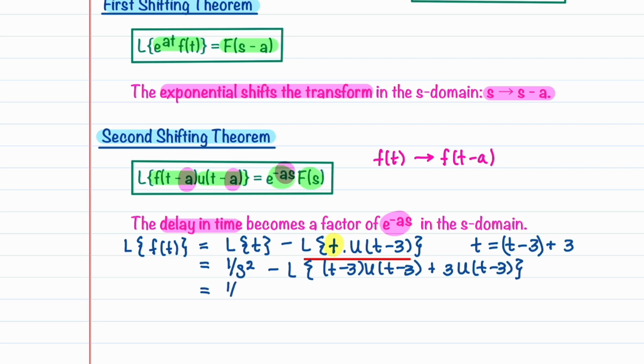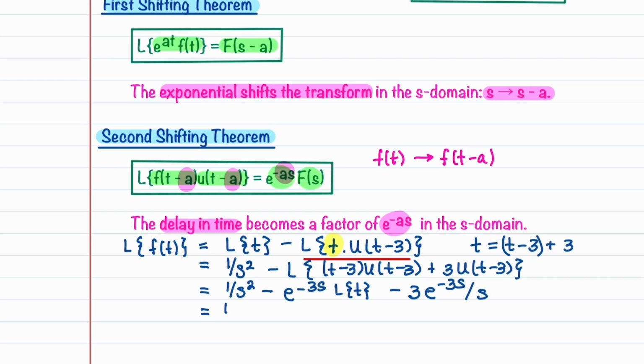Now this is equal to 1 over s squared minus the Laplace transform of t minus 3 times u of t minus 3. So this is just e to the minus as, which is 3s, times f of s, which is the Laplace transform of t. And then, making sure to carry our negative through, we have minus 3 times the Laplace transform of our unit step function, and that is e to the minus 3s divided by s.